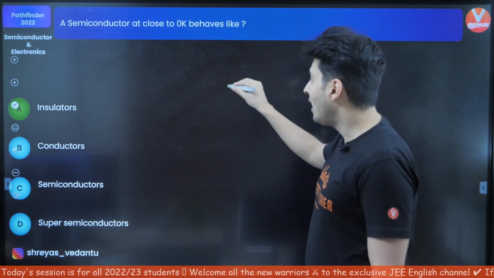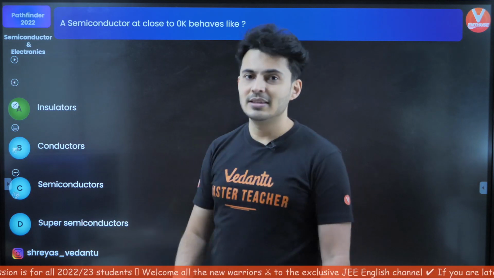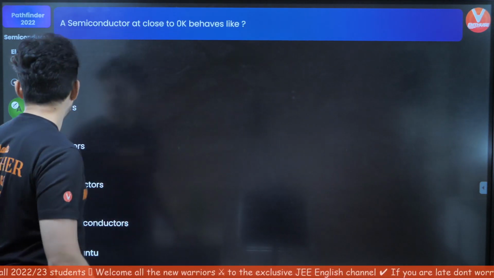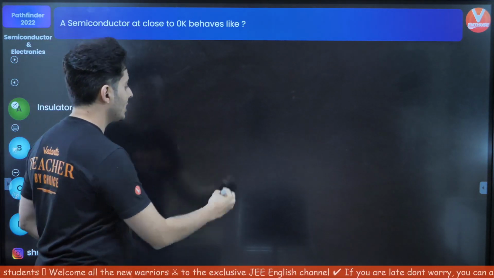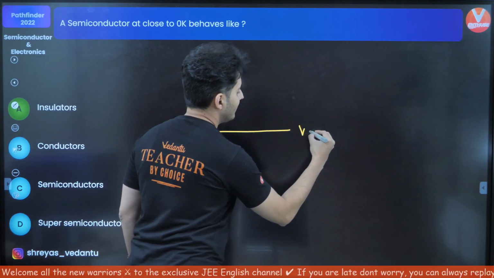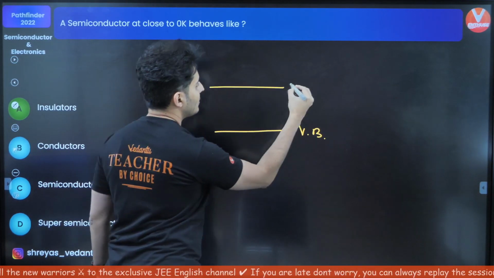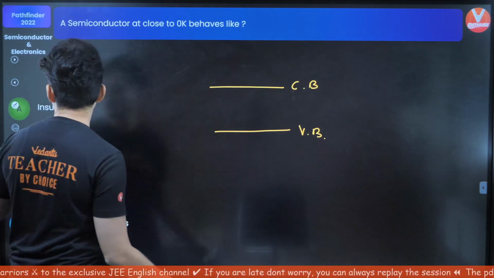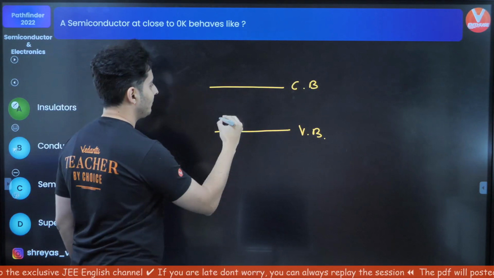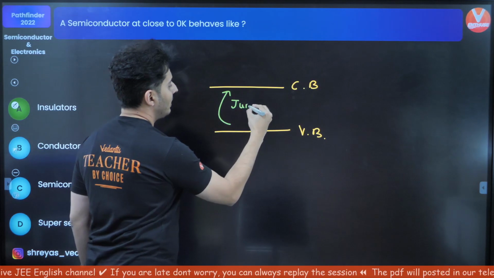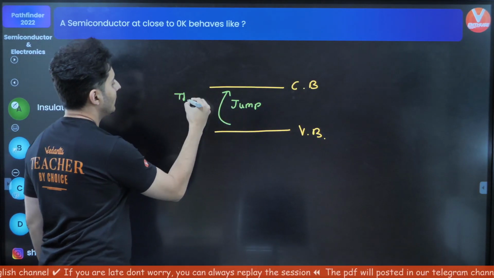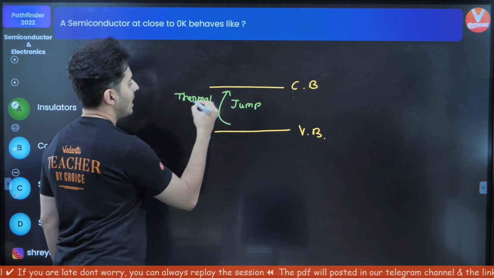The electrons can't jump from the valence to the conduction band. I hope you remember, I just gave you, if this is your valence band and this is your conduction band, for making that jump, it happens due to the thermal energy.